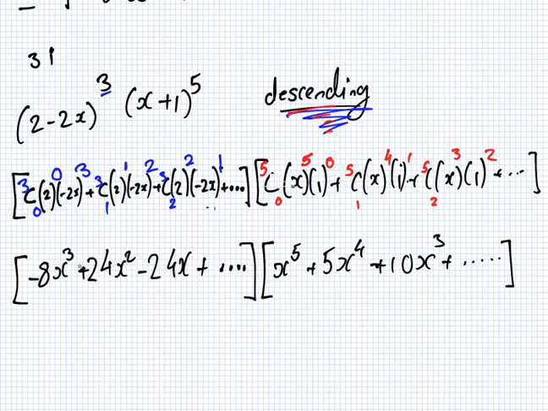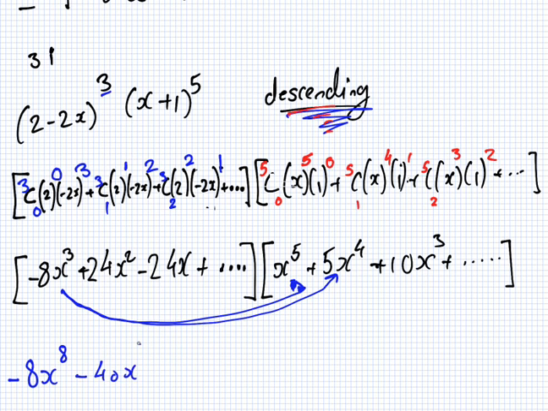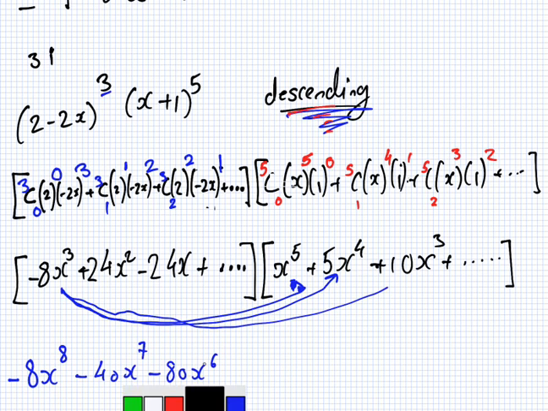So let's do the 6 multiplications. The first one will be this one multiply this one. So that is minus 8x^8. And then we do this one multiply this one. So that is minus 40x^7. And then this one multiply the third one. That's minus 80x^6. Now, on to the next ones. That multiply the first one, so that's plus 24x^7.